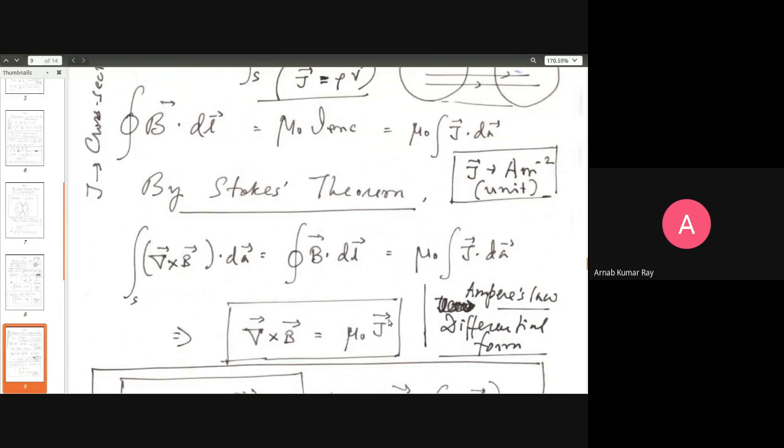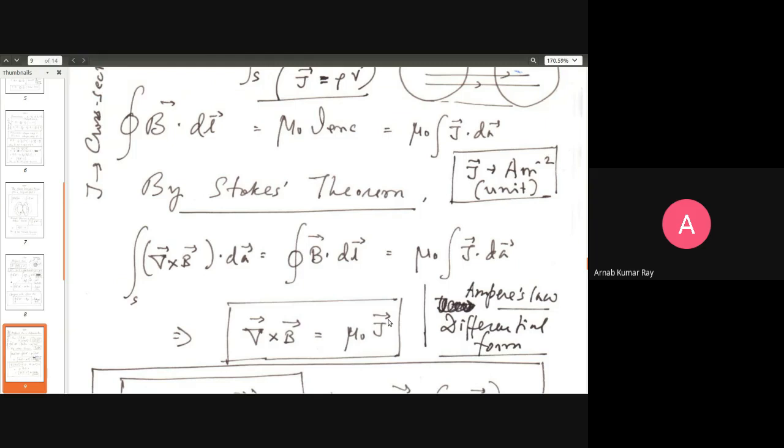Like I said, Maxwell's equations are simply these: finding the divergence and the curl of two fields, electric and magnetic. We have already gone through the divergence part. Divergence of E is equal to rho by epsilon naught, and divergence of B, the magnetic field, is equal to zero.